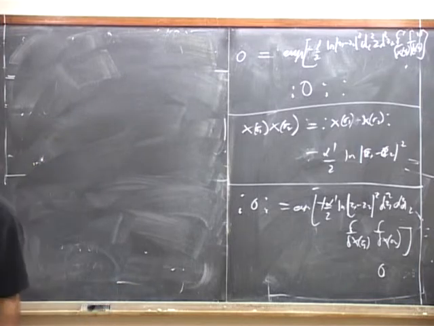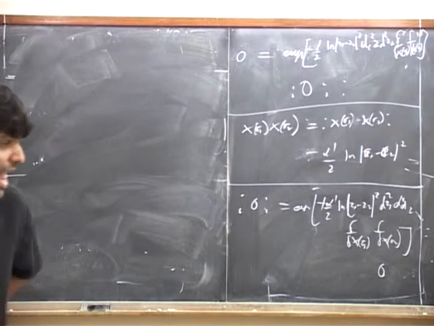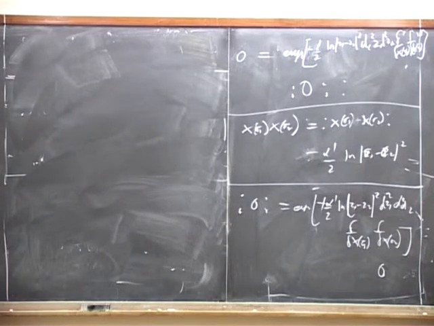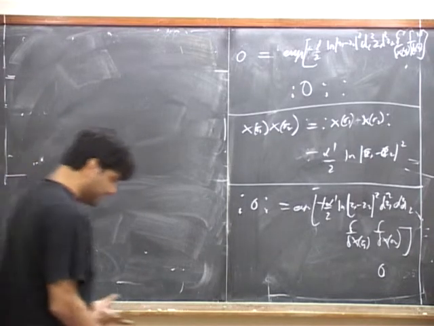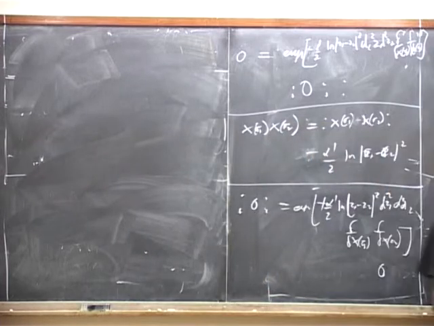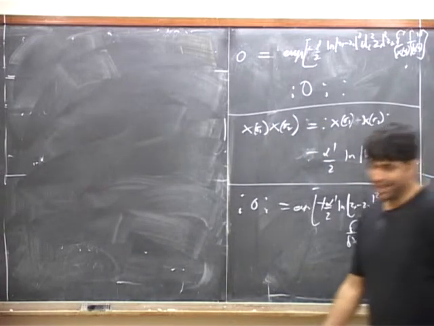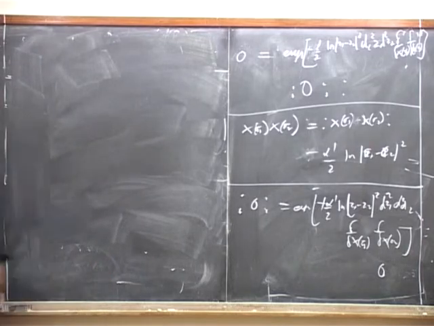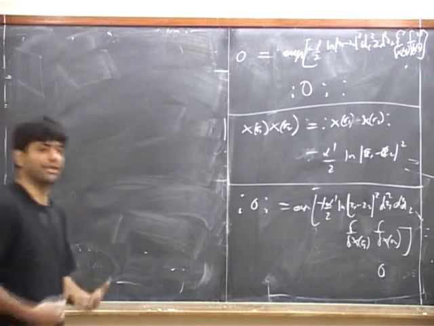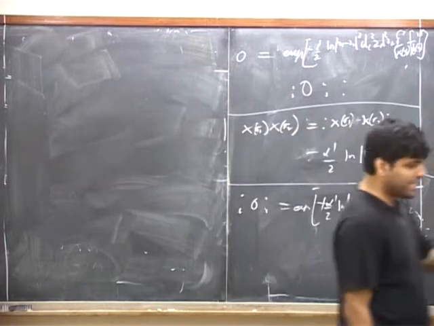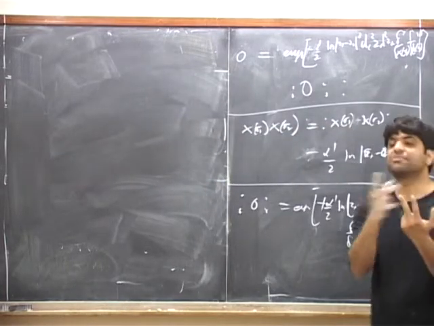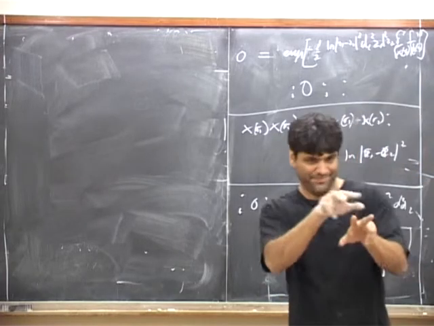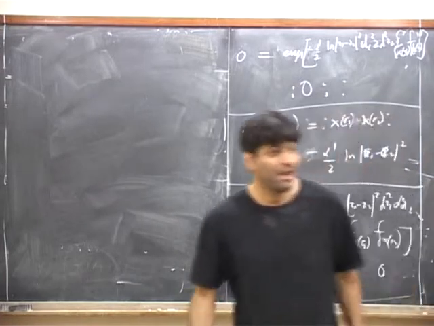Okay. Now, the last formula I want to tell you about is a formula that allows you to expand the product of normal ordered operators in terms of normal ordered operators. So first let's say it intuitively and then there's an equation. You see, inside normal ordering, you've subtracted away all contractions between operators that you have.